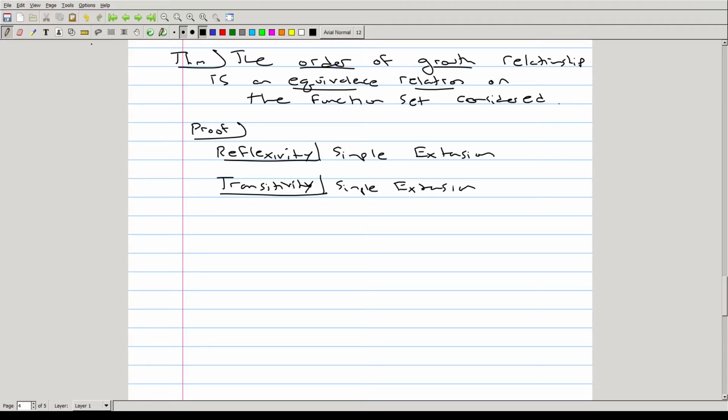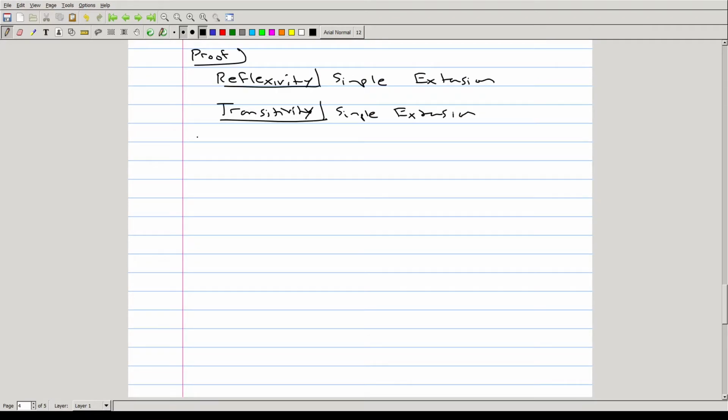But for symmetry, we might want to actually go through and prove this. Remember that the domination relation and the strict domination relation are not symmetric.